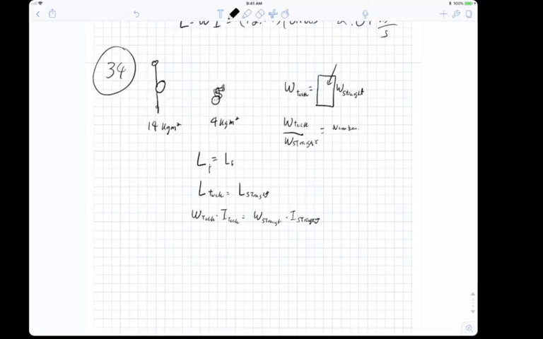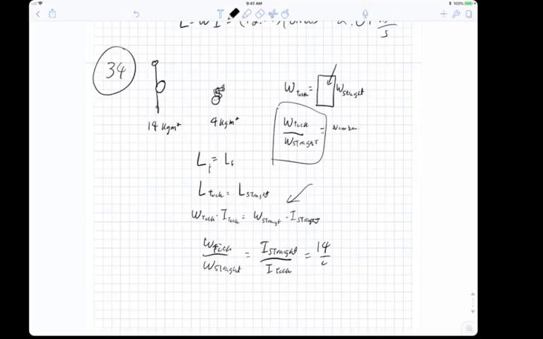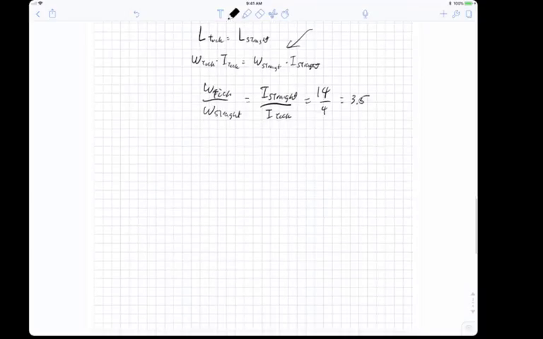I want to isolate this ratio, so I'm going to divide both sides by omega straight. So it's omega tuck divided by omega straight, and that gives me I straight divided by I tuck. So it's 14 over 4, 3.5. Well, that's faster.